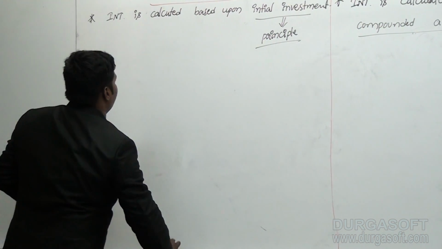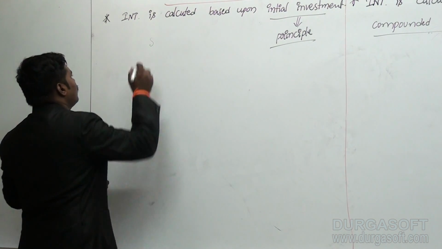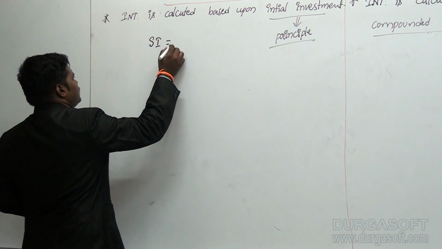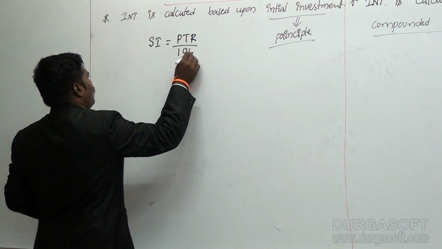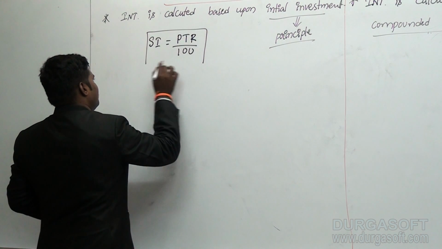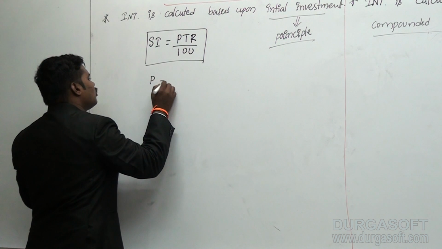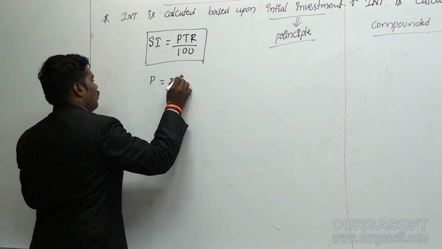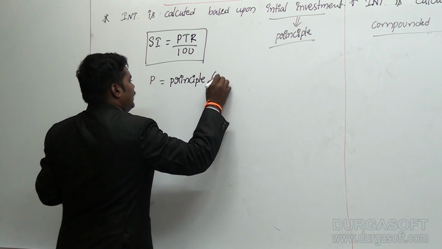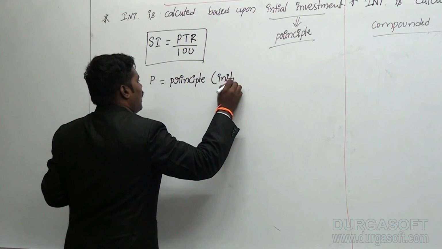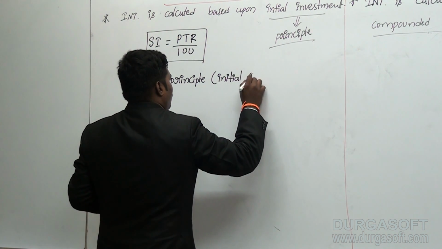Here the concept for simple interest is SI is equal to PTR by 100, where P is equal to principal, or initial investment. That means the starting investment.